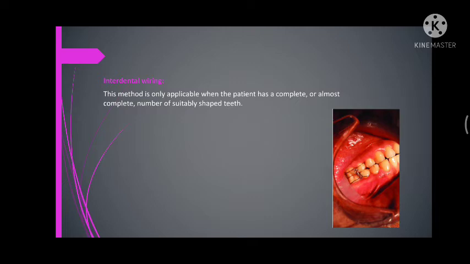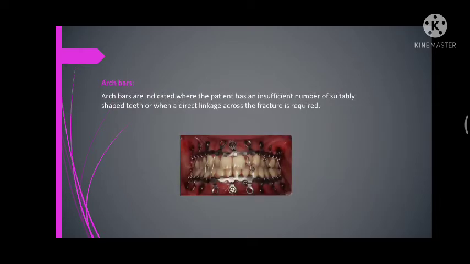This method is only applicable when the patient has a complete or almost complete number of suitably shaped teeth, as we see here in the picture. Arch bars. Arch bars are indicated where the patient has an insufficient number of suitably shaped teeth or when a direct link across the fracture is required.